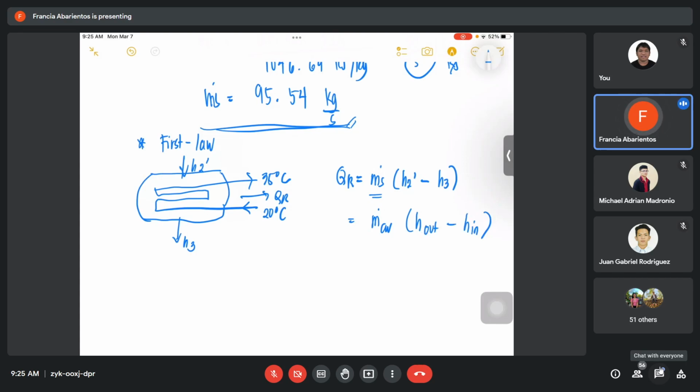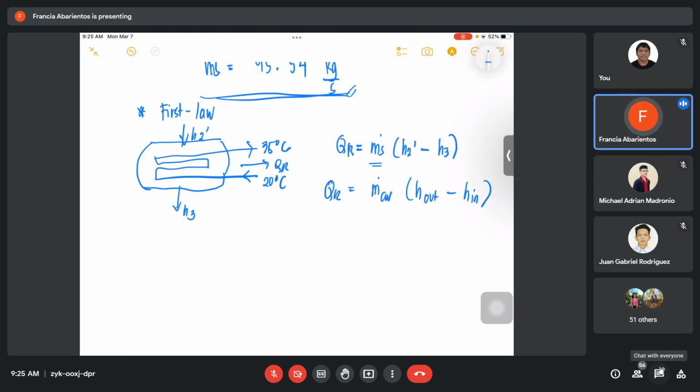Paano natin yun makukuha? Because given sa atin yung, ano yung entering natin, class? Saturated liquid at entering temperature which is equal to 20 degree. Punta ka sa 20 degrees Celsius. Kasi water naman siya, you can use the steam table. Kasi steam baga class galing sa tubig. Table 1.